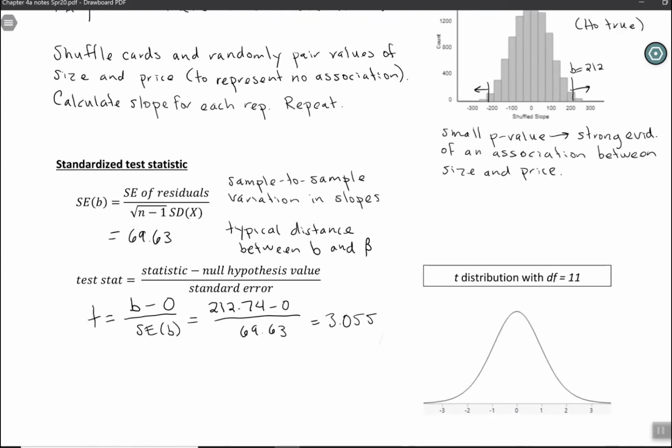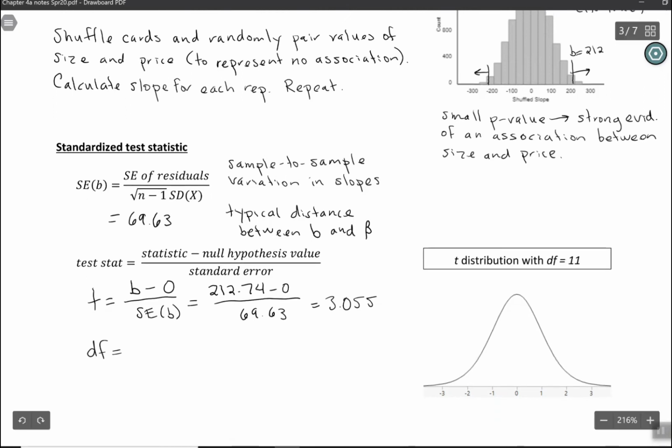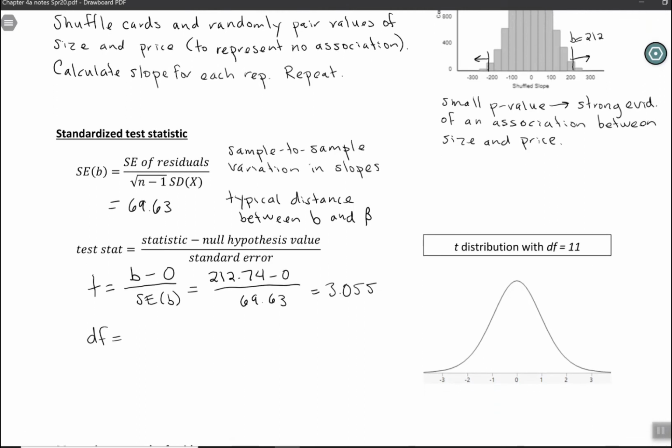Now we're going to use a t distribution to decide if this test statistic is big enough to be convincing to us. So we need a theory-based distribution to use here. And remember, the t distribution has different versions depending on the degrees of freedom. There are different formulas for the degrees of freedom depending on what type of data you have.